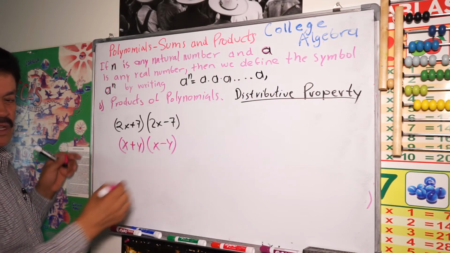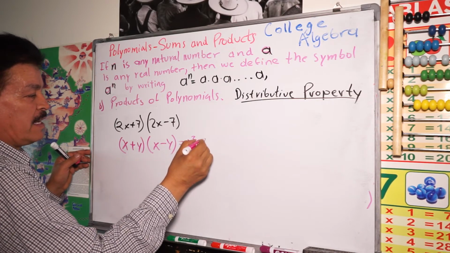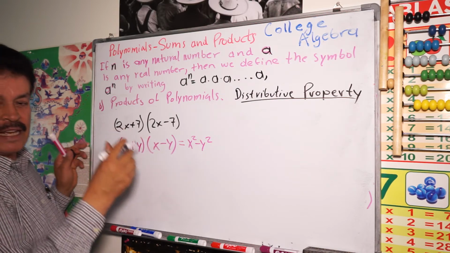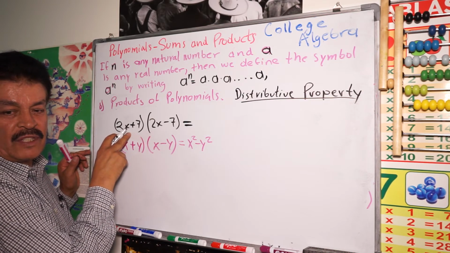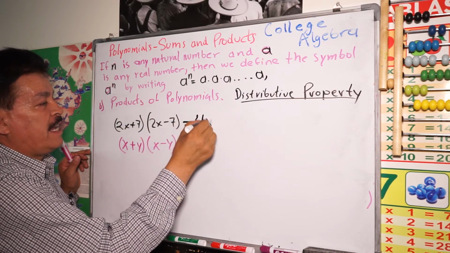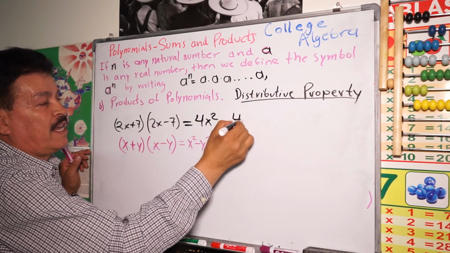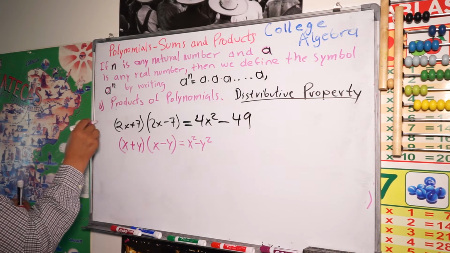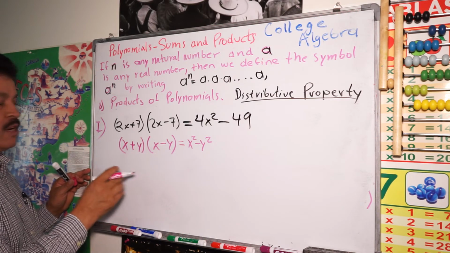Remember this rule? This is going to be x squared minus y squared. This problem is kind of like that. So then we are going to have the square of the first term. The square of the first term is going to be 4x squared minus 49. See, this is one kind of problem.